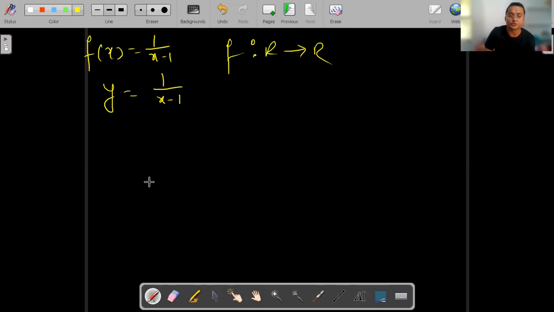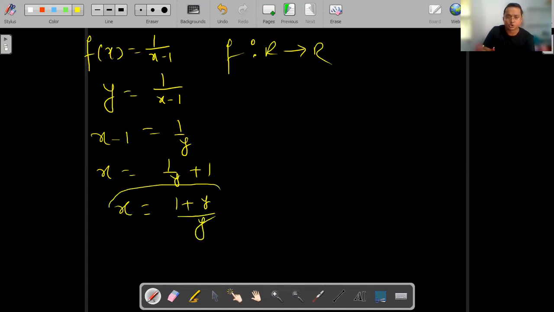So x - 1 = 1/y, so x = 1/y + 1, a simple equation. Finally x = (1 + y)/y.